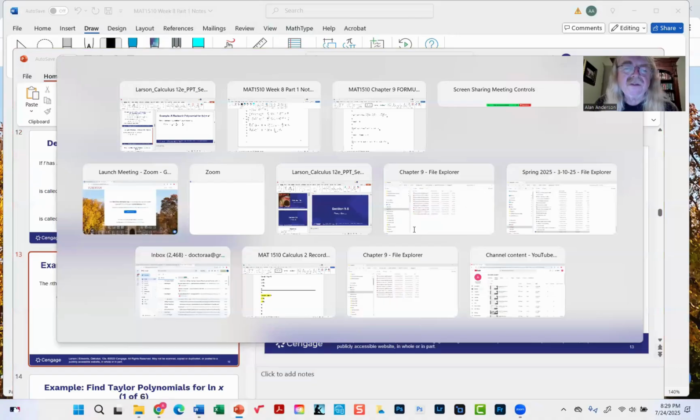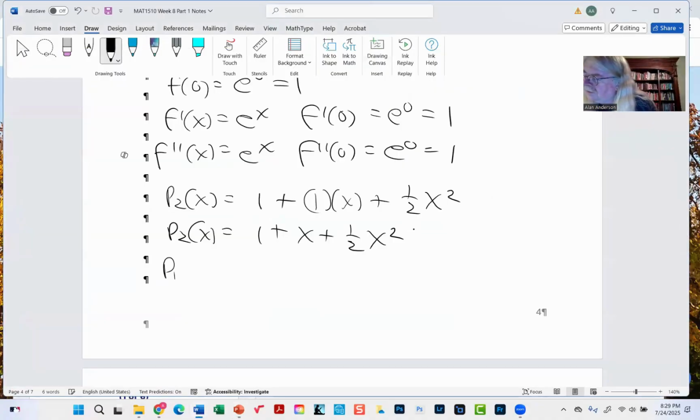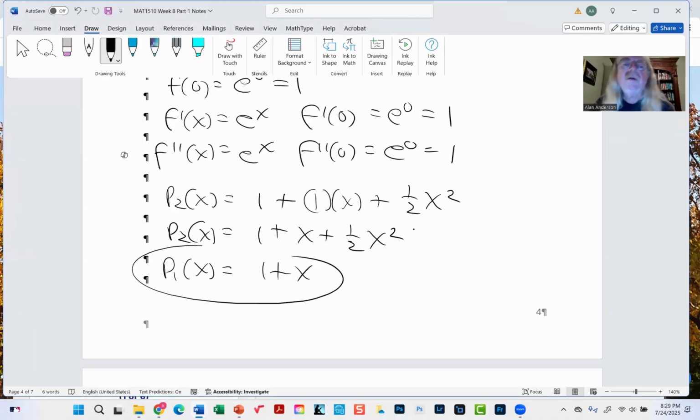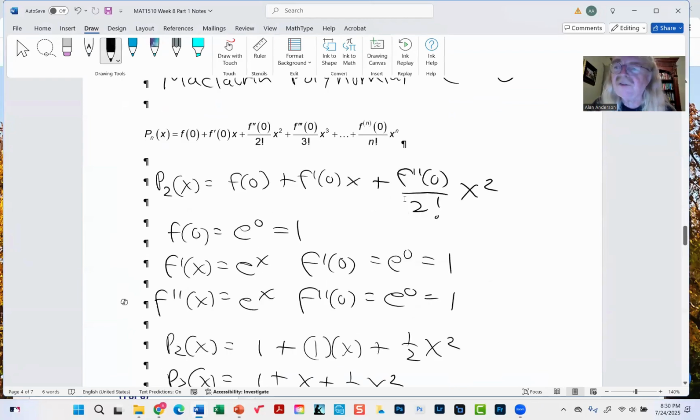Okay, so in other words, P1 is 1 plus x, and that's what we found earlier. But if we need more accuracy, we can add a second degree, and we end up with 1 plus x plus 1/2 x squared. Okay, and if you need more accuracy, you just keep adding. You can go out as far as you need. But in practice, many applications don't require more than a couple of terms here.